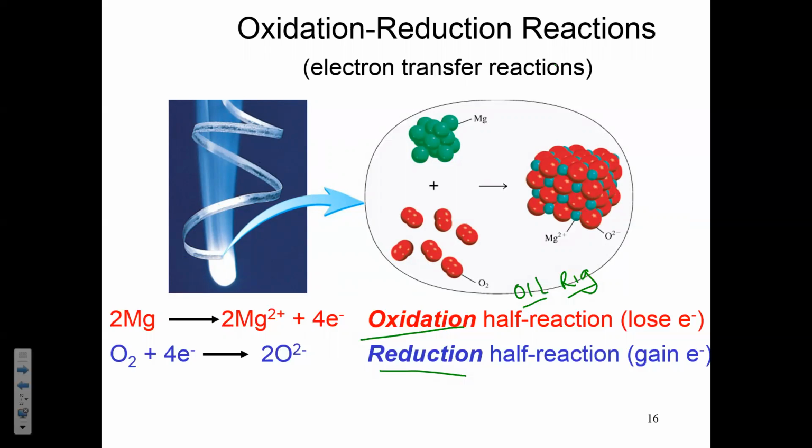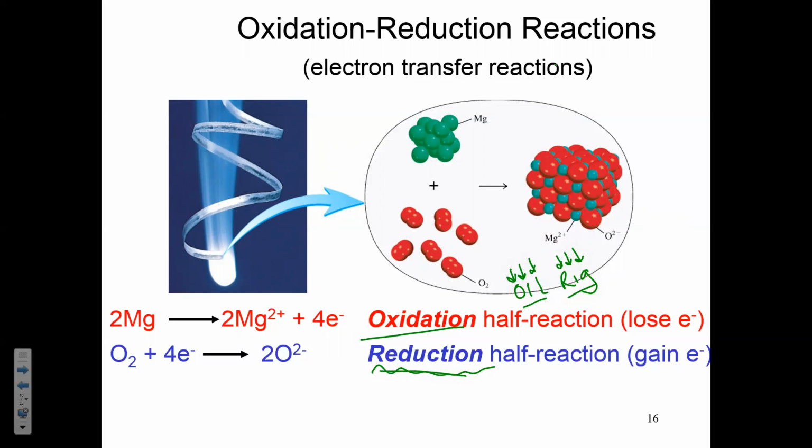Oxidation, what's taking place always is that when we have an oxidation product, we are losing electrons. So oxidation is losing electrons. Reduction then is the opposite. So reduction is gaining electrons. If you can remember OIL RIG, you'll understand what's happening in the equations.